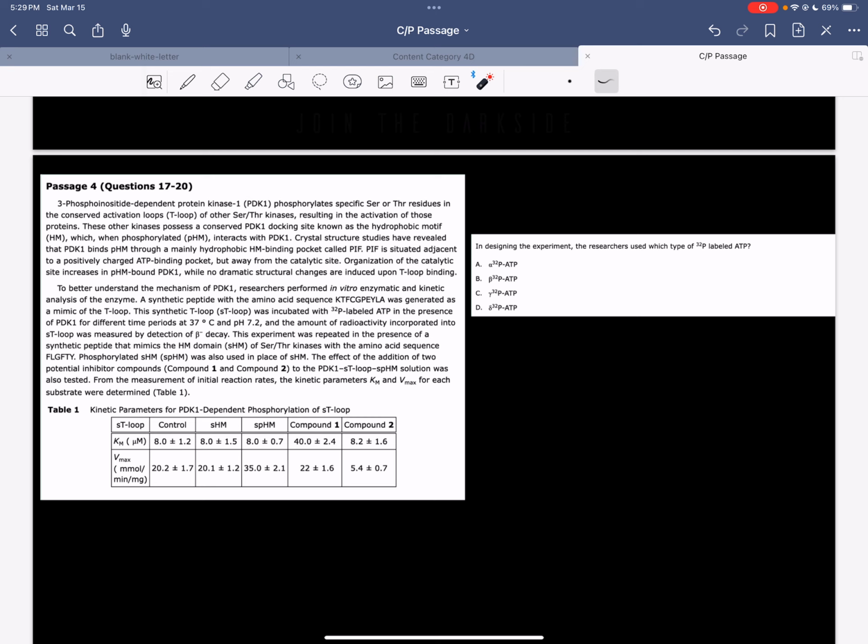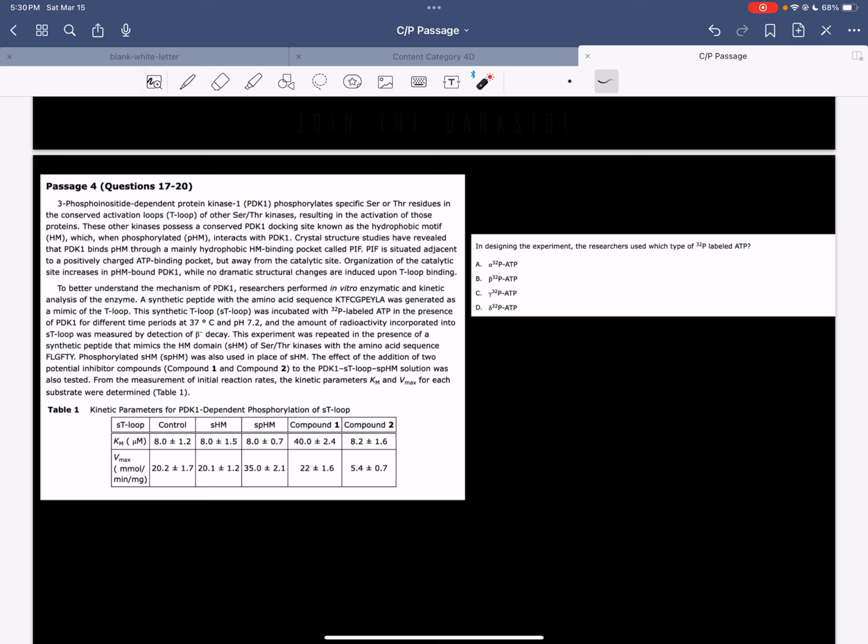Now let's read the sentence before it. It says a synthetic peptide with an amino acid sequence KTFCGPEYLA was generated as a mimic of the T loop. This synthetic T loop, ST loop, was incubated with a 32P labeled ATP in the presence of PDK1 for different time periods at 37 degrees Celsius and pH 7.2.